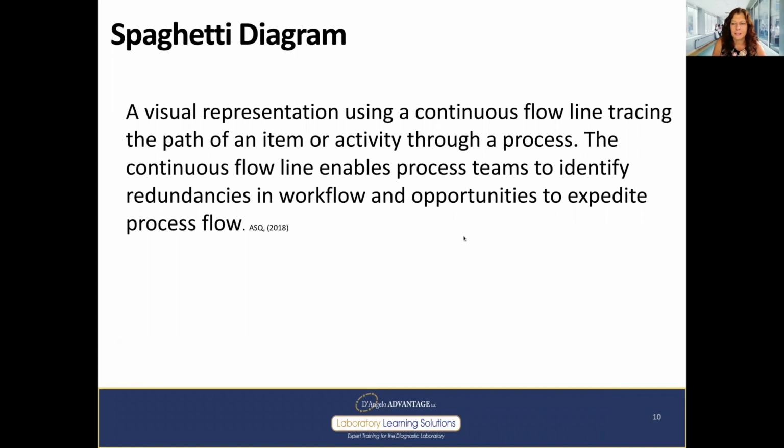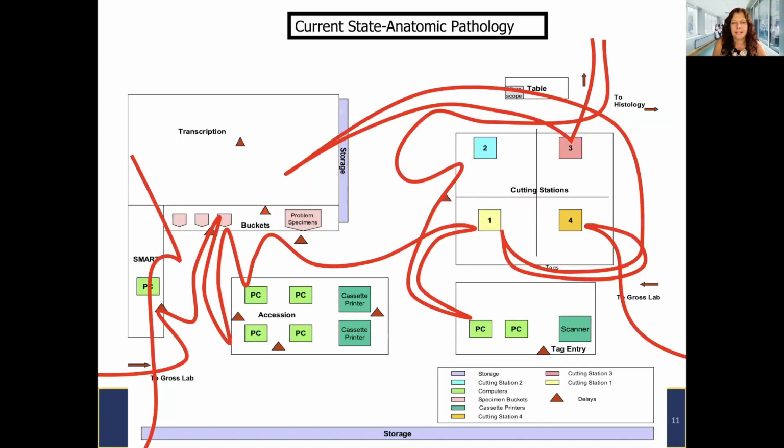Also use a spaghetti diagram as one of the tools for our Kaizen event, and we can trace an activity through a process to identify redundancies in workflow. If we stand and we observe a process, we can watch the people moving back and forth, watch inventory, maybe identify some defects that come in, just all the waste and the wasteful activities that happen in daily work.